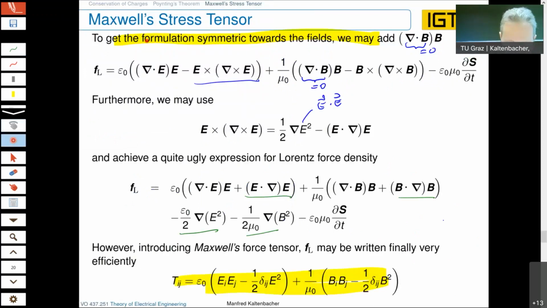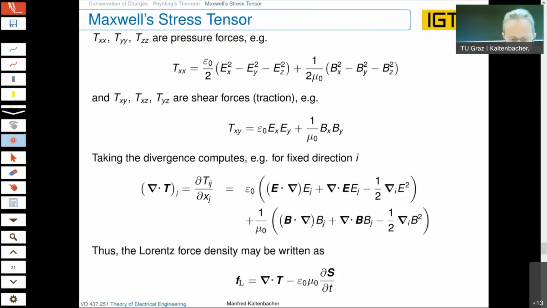Okay, so we introduced here this Maxwell's stress tensor, and here, for example, we have explicitly written it down for one of the diagonal entries, as shown here. Then you see the 1,1 component is computed as shown here.